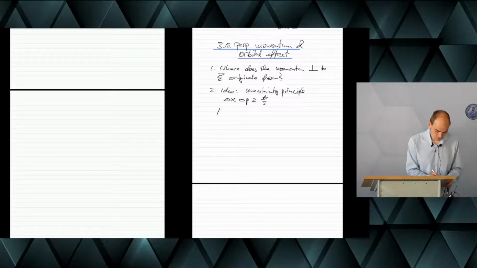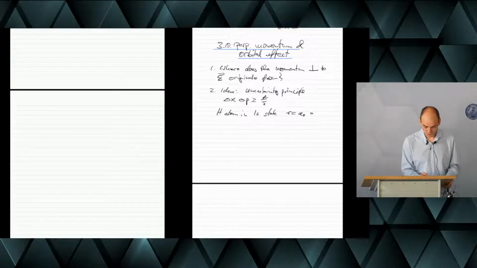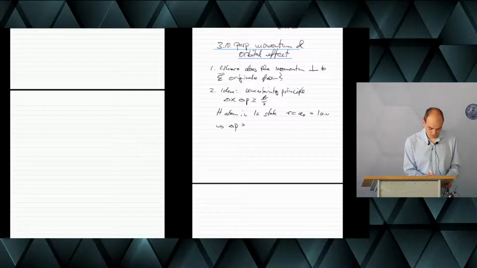Then take a hydrogen atom in the 1s state, and the radius of the Bohr orbit is 1 atomic unit, and that means delta p must be 1/2 over delta x, using atomic units.